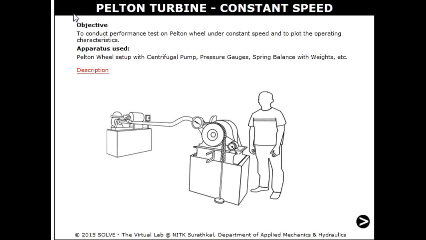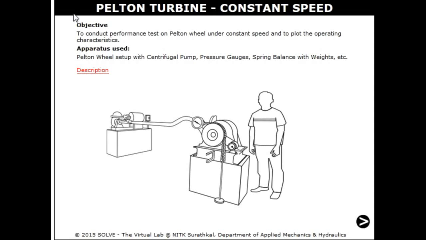In this slide we can start the virtual experiment on the Pelton wheel turbine. In the previous video we performed the experiment for constant head, and in this video for the Pelton wheel turbine we will conduct constant speed experiments.